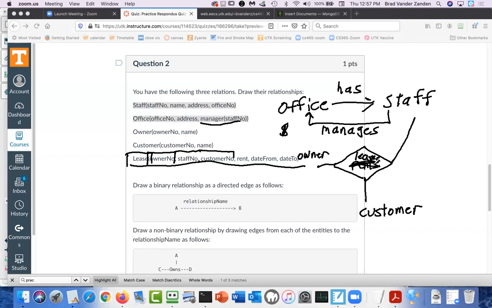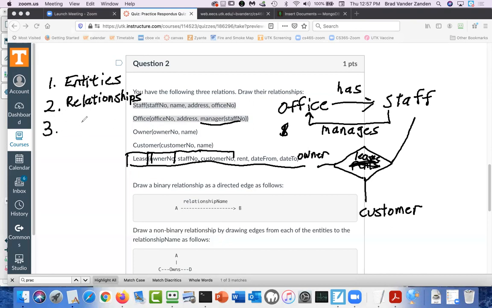So remember, there's actually three types of relations. There are relations that are entities. That's the most common. Then there are relations that are relationships, so they're basically relationships that have attributes, like lease.